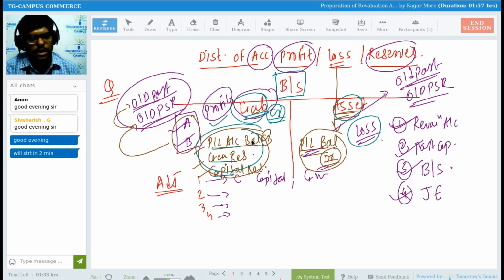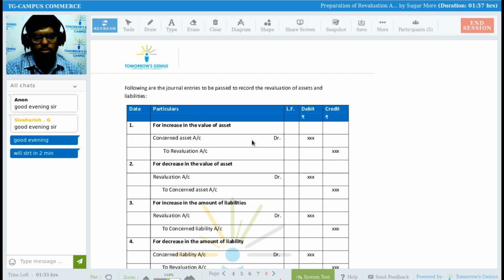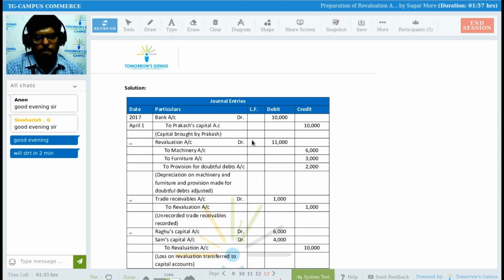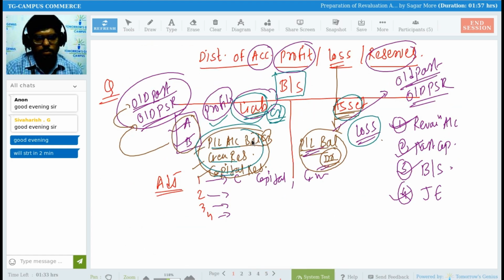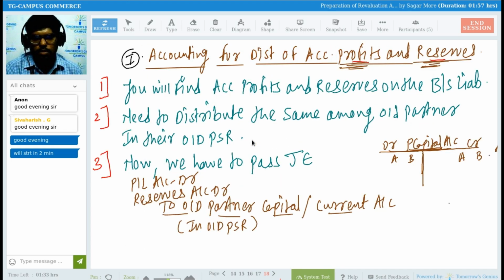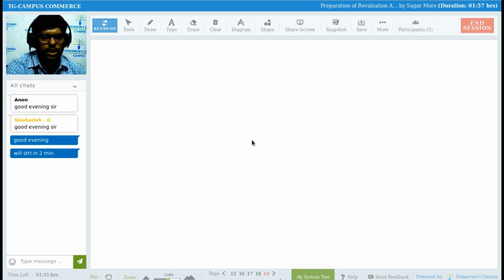Sir, liability means credit, and whenever you want to decrease any liability, whenever you want to transfer any liability, you have to debit it. Simple. See, I'm writing that also here. Liability means credit, right?